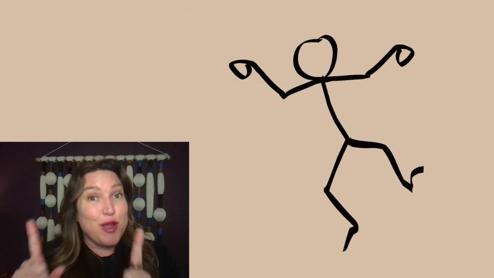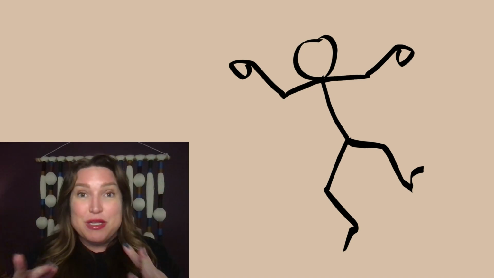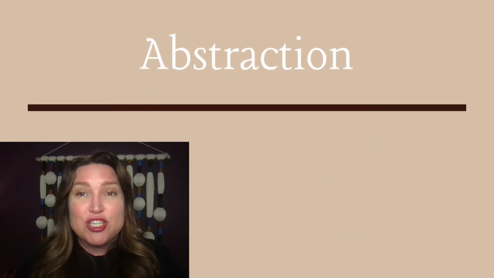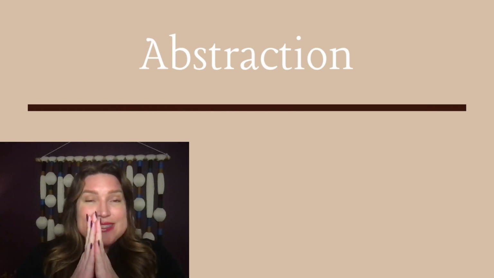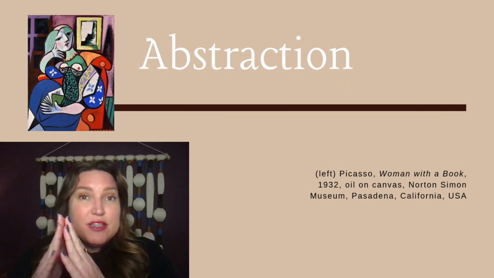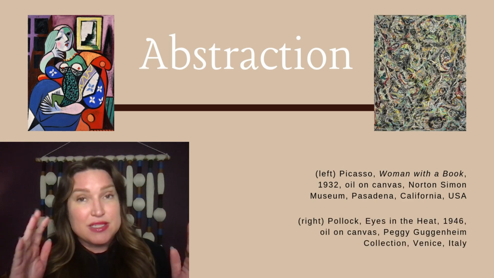It's still representational because it looks like a figure or a human, but it's abstracted. It's a human reduced to maybe a circle, triangle, rectangle, whatever it may be. Now, that abstraction exists, as I said, on a scale from slightly abstracted all the way over to complete abstraction, which is non-representational.